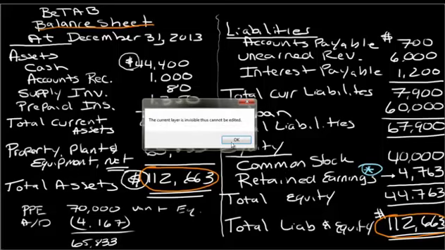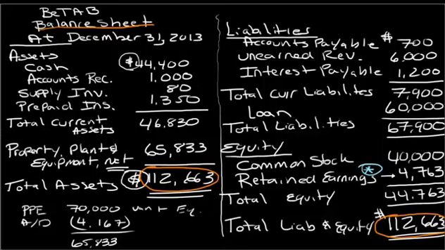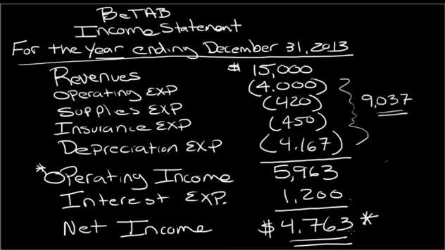You see this retained earnings right here? That was that 4,763. Okay, that is that same number we have here.